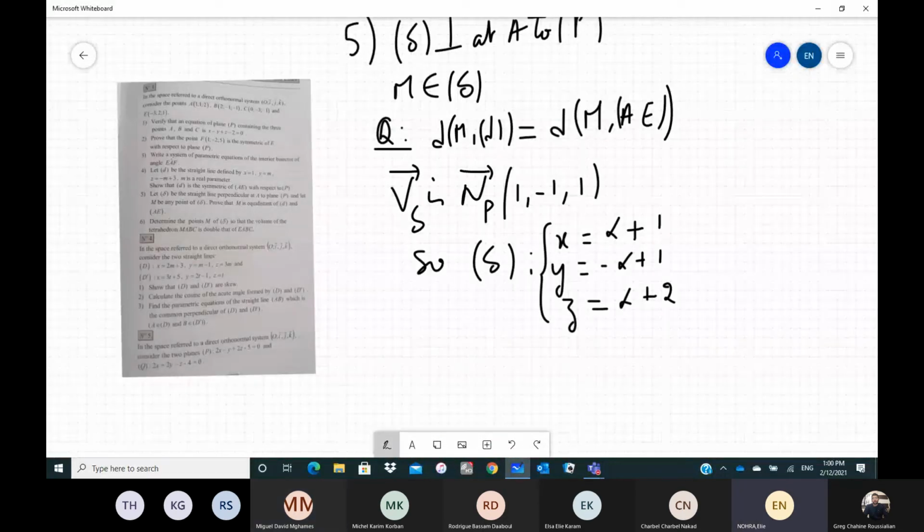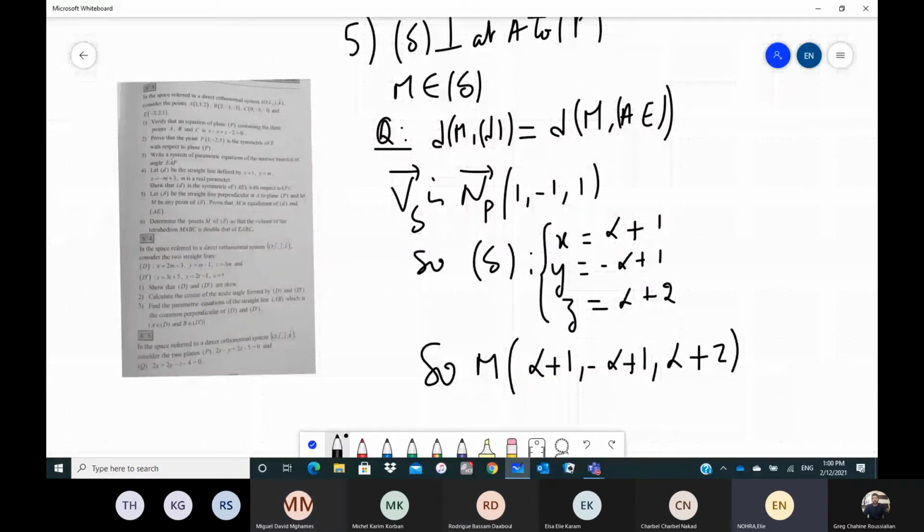So the point M becomes alpha plus 1, minus alpha plus 1, and alpha plus 2. Right. Now let's verify the formulas.